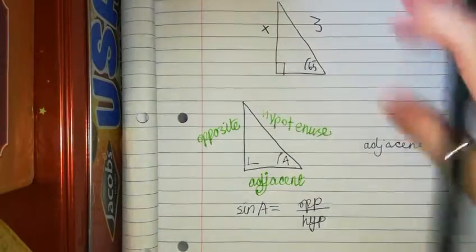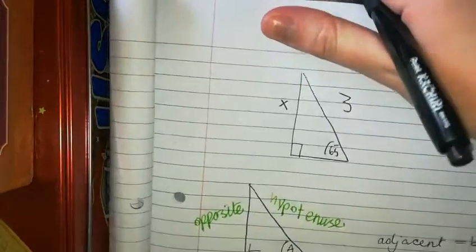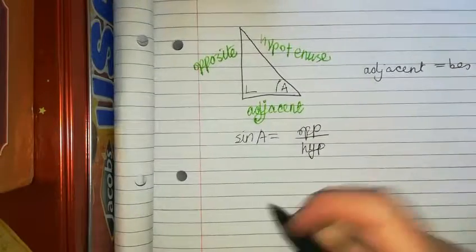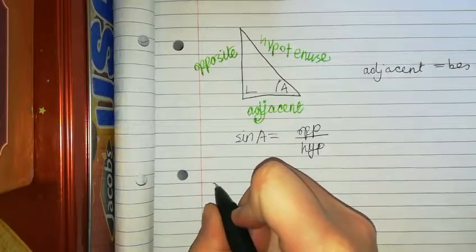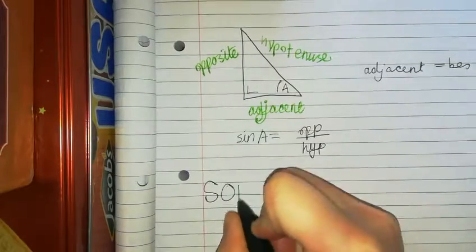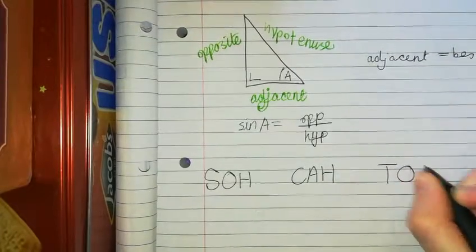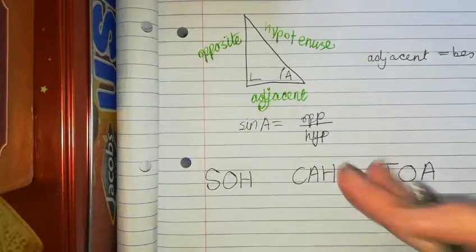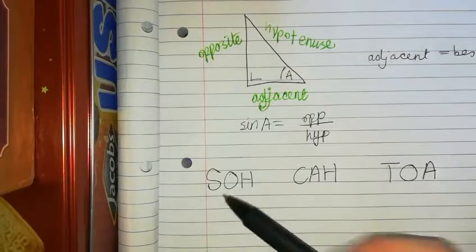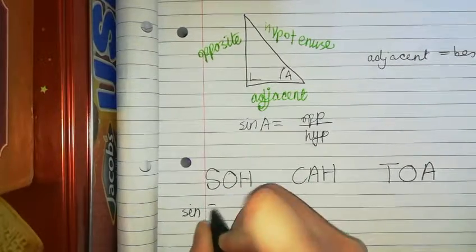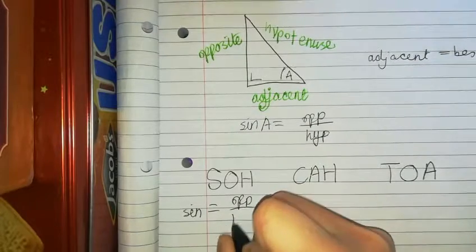There is also a rhyme, SOH CAH TOA, to remember it. You can use your log tables, but sometimes it's quicker to know it. It just means that sin is equal to the opposite over the hypotenuse.